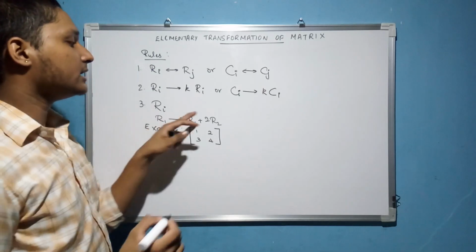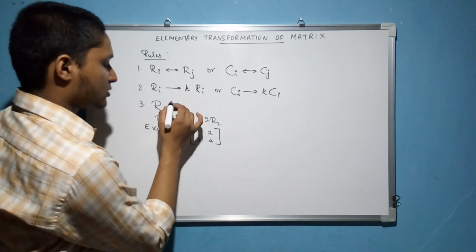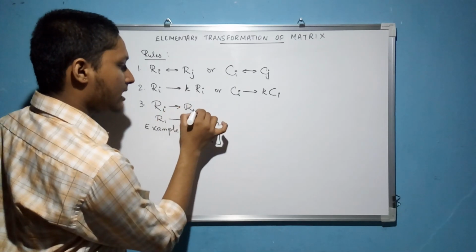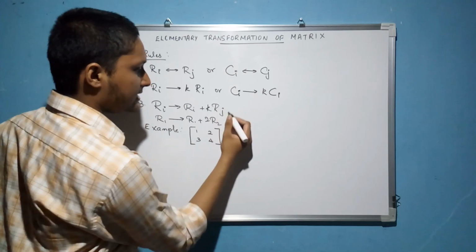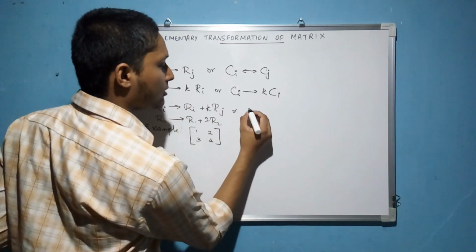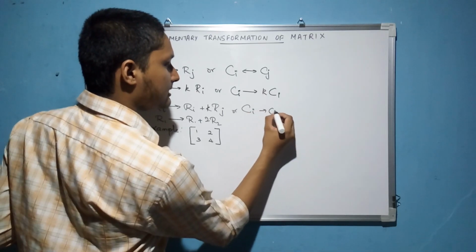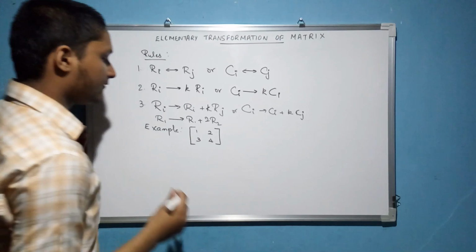So I need to multiply 2 times the element that is present over there. I'll show the examples later. So it is going to be Ri plus K times Rj, where j refers to some other row when compared to i. Similarly, you can also have Ci becomes Ci plus K times Cj. This much we found out.